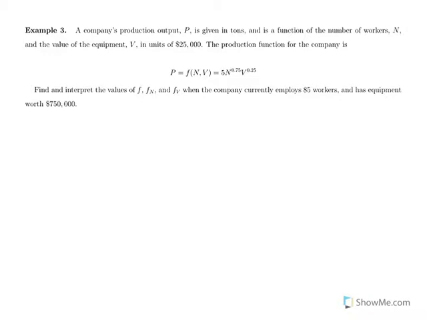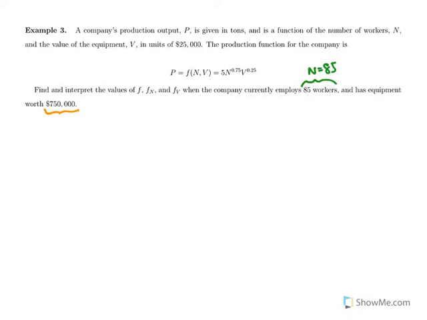We're going to find and interpret the values of F and the partial derivatives when the company currently employs 85 workers and has equipment worth $750,000. So our first order of business is saying that what we're looking at here is specifically 85 workers means that N is 85 and has value of equipment $750,000.